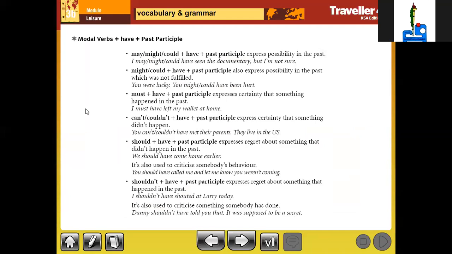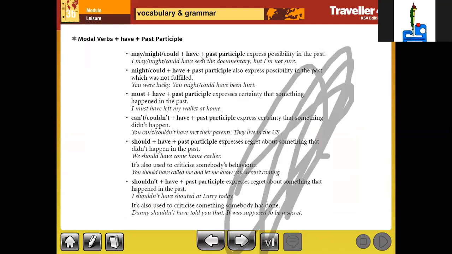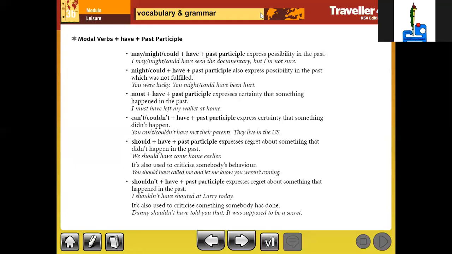Number one, may or might or could plus have plus past participle. We use may or might plus have plus past participle of the verb in order to express possibility in the past.